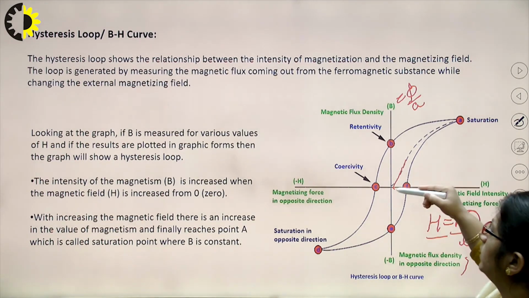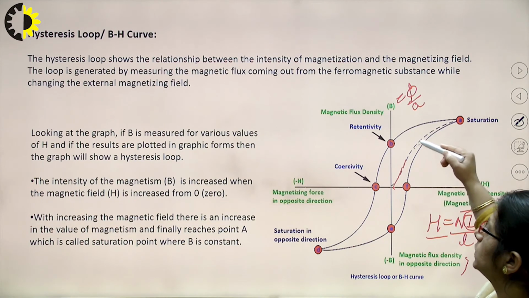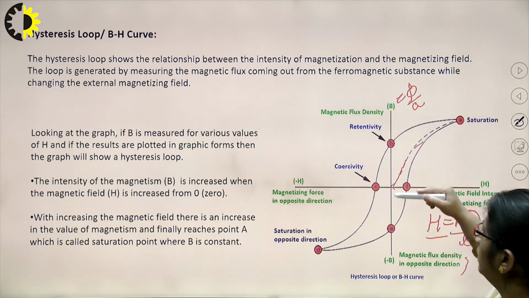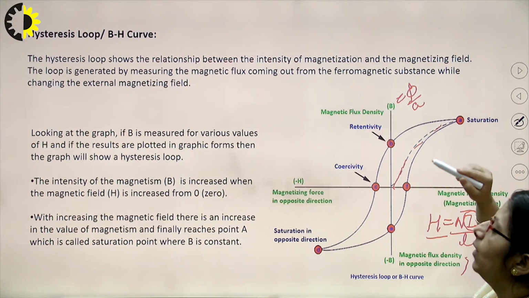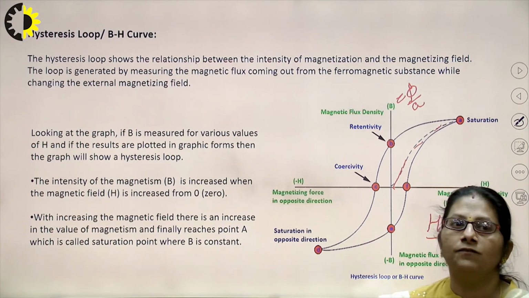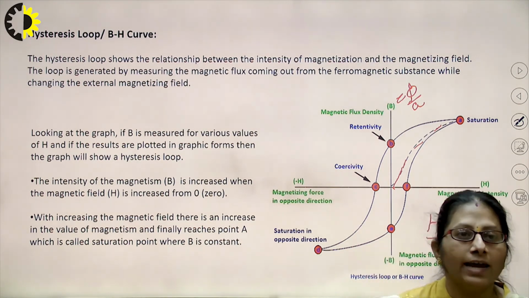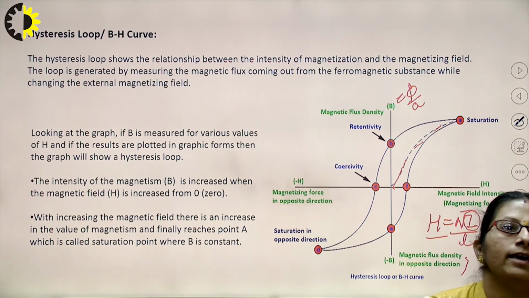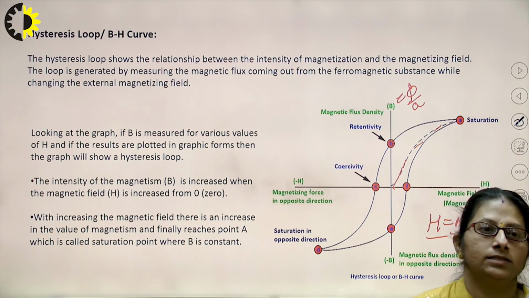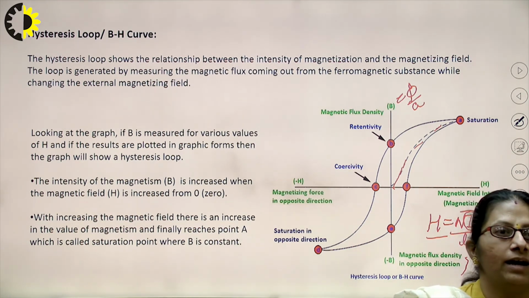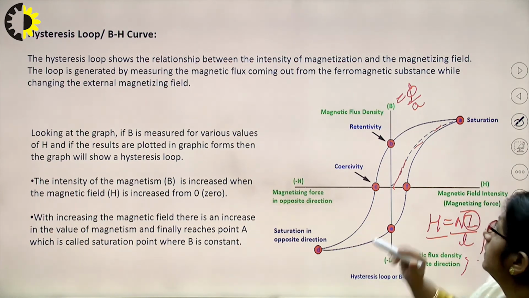So the flux density will also increase linearly. While increasing the magnetic field, the magnetism also increases, and finally it reaches the point A, which is called the saturation point, where B becomes constant.